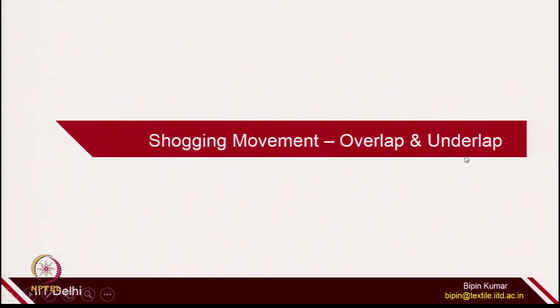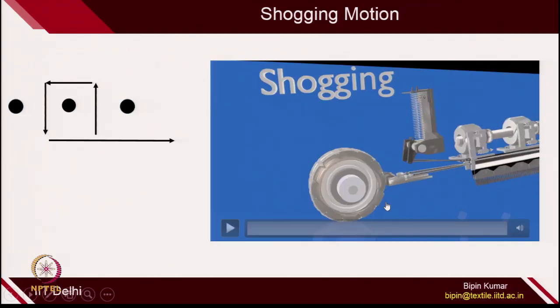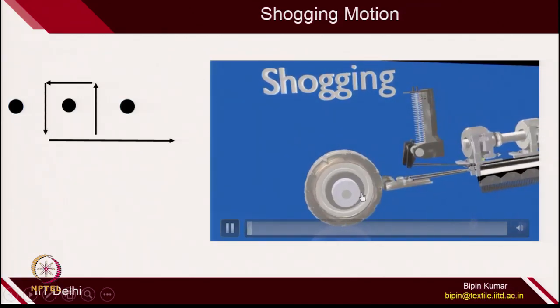The shogging movement is actually further divided into two categories. First is overlap and underlap. If you want to play with different designs on the same machines, if you can control the shogging movement, then you can generate different types of warp knitted structure. Let me explain how. This is the shogging motion which is shown here.